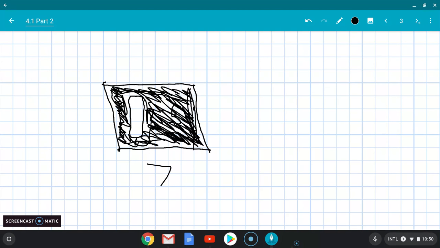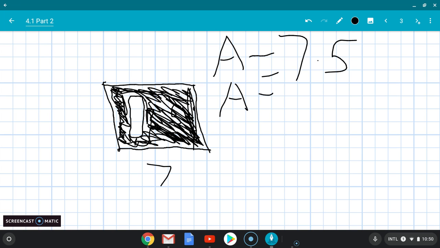What we have to do to figure that out is, first of all, find the area of the overall parallelogram. I know I shaded over the height, but the height was 5, so we're going to do 7 times 5. We get an area of 35 units squared. So this whole parallelogram is 35 units squared, but we only want the area of the shaded region. That means we have to subtract out the unshaded region.